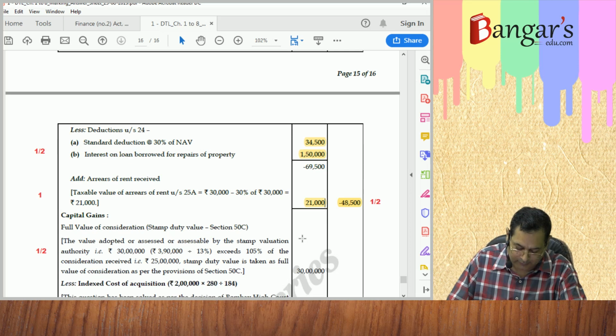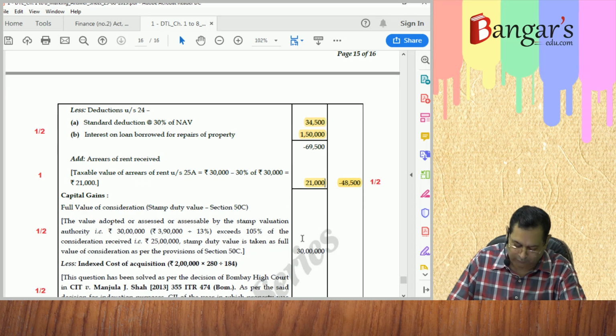Besides that, they have given that Singh's father acquired a residential house for 2 lakh and thereafter gifted it to Singh, and the property has been sold for rupees 25 lakhs, whereas the stamp duty value is 30 lakh rupees.